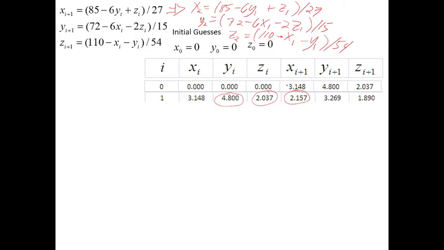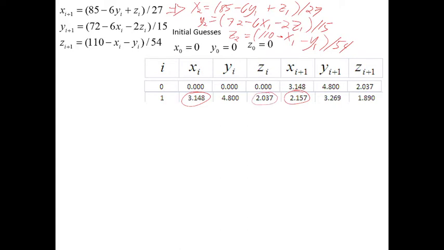Okay. Then for i equals 1, we have y sub 2. So we have 72 minus 6 times x sub 1, which is 3.148, minus 2 times z1. z1 is 2.037.